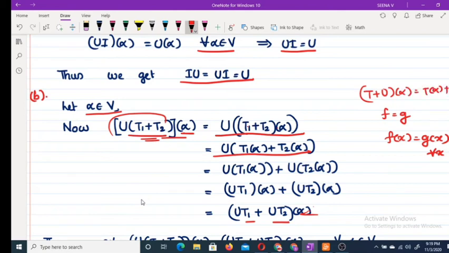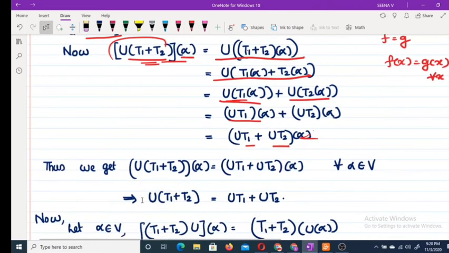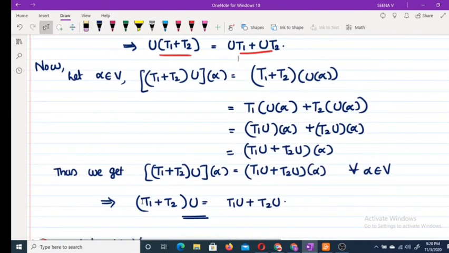Now u is a linear map. Therefore, you can write like this, and this is actually ut1 of alpha, and this is ut2 of alpha. Therefore, (ut1 plus ut2) of alpha. This is true for every alpha belongs to V. Now, similarly, you can prove (t1 plus t2)u of alpha equal to this one. I am skipping this proof. This is very easy to prove.